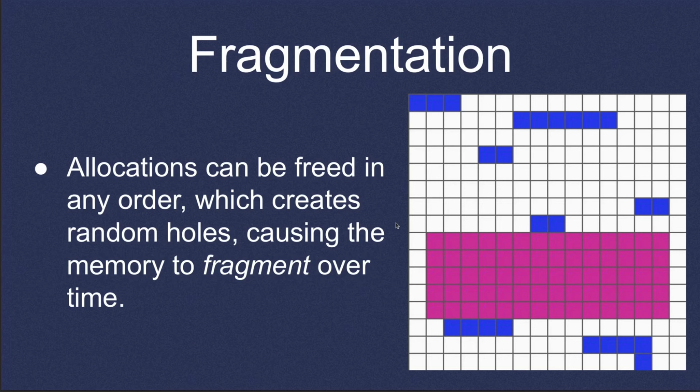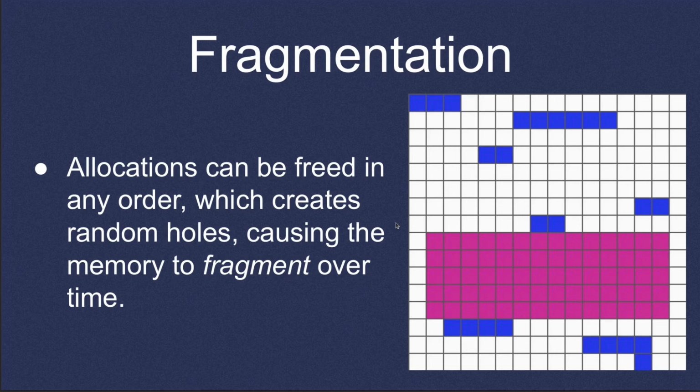So what is fragmentation? You may have a certain amount of memory free if you count the white squares here, but you may want to allocate something for which there is no contiguous memory, one byte after the other, of the size that you want. That means that hole remains there, and the allocation has to be done at the end.